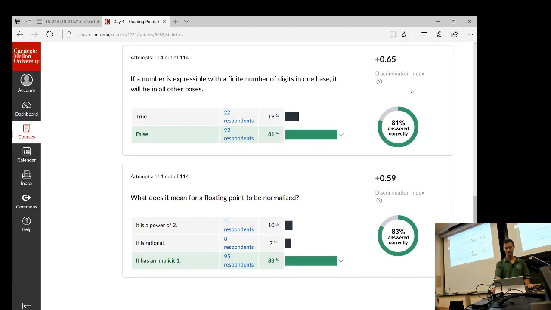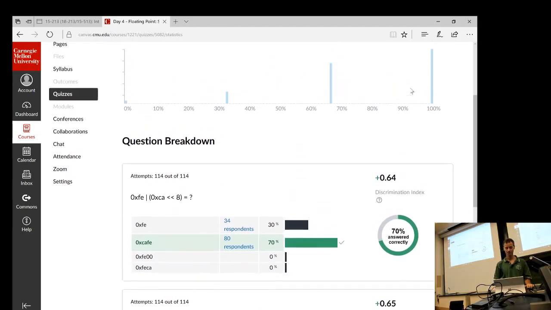And normalized means a lot of different things, but one of the things it does imply is that there's an implicit 1, a 1 dot in front of the fractional part, whereas with the denormalized ones, it's an implicit 0. All right, good.